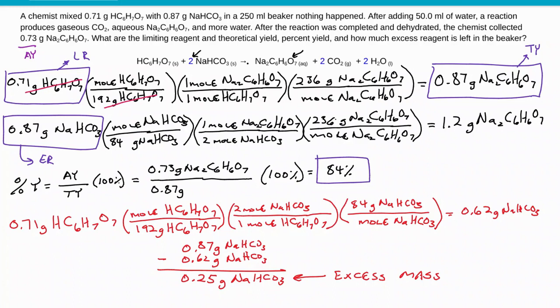But for high school and college chem, this is how we would do it. Run the two masses, find the smallest value, because that's your theoretical yield, which leads to the limiting reagent. From there, you can find your excess reagent. I would just convert the LR to the excess reagent and do the subtraction.